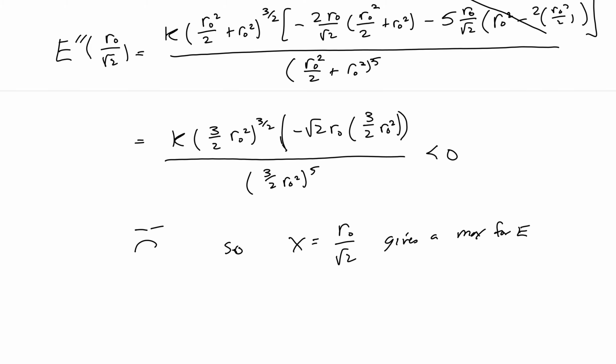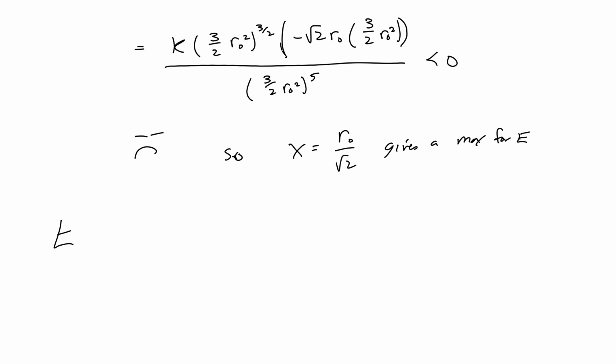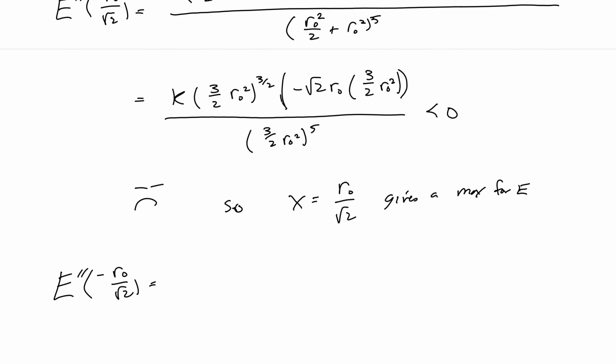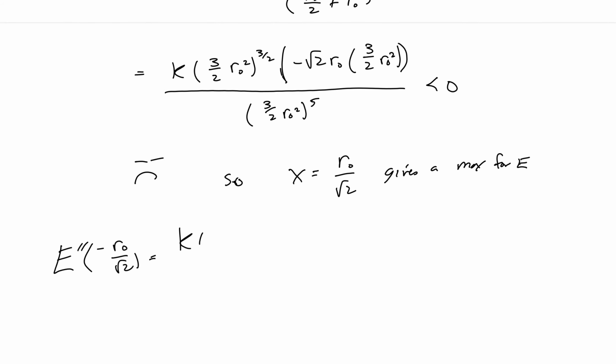And now we can run the same thing with negative r0 over square root of 2. And so if we do that, we're going to get mostly the same things here. So I'm going to get k, and then since I'm squaring the terms for the first part, I'm still going to get (r0 squared over 2 plus r0 squared)^(3/2).